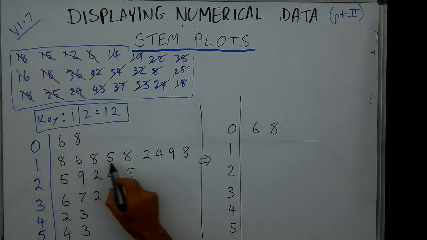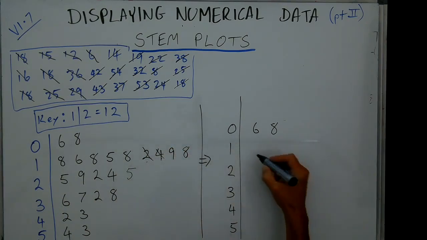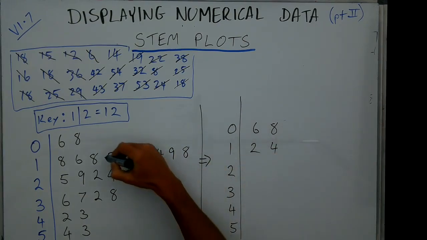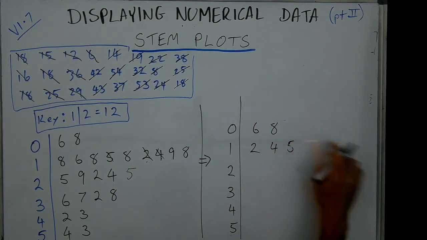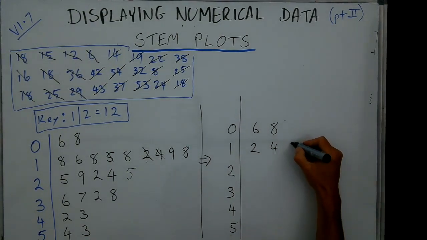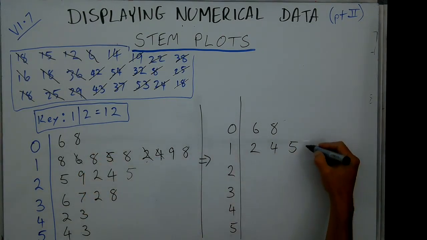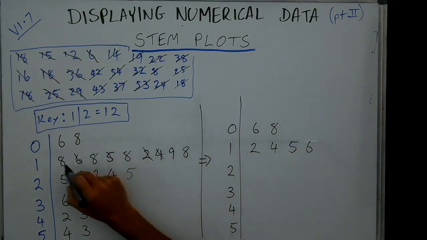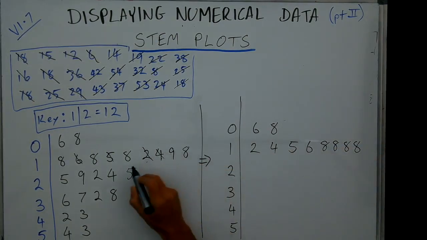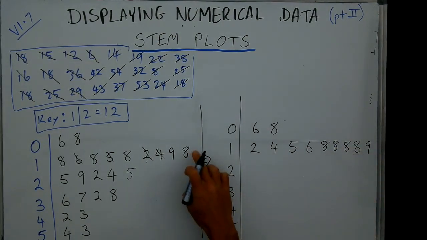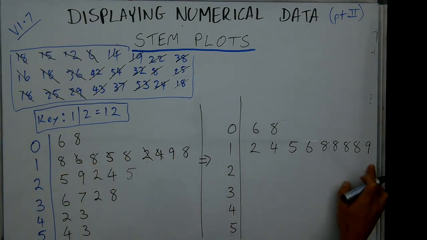In the 1 group, we've got 2, 4, 5, 6 in there, 4 8s, and another. So notice I haven't crossed everything off, but it's just to keep track of what I've written down.